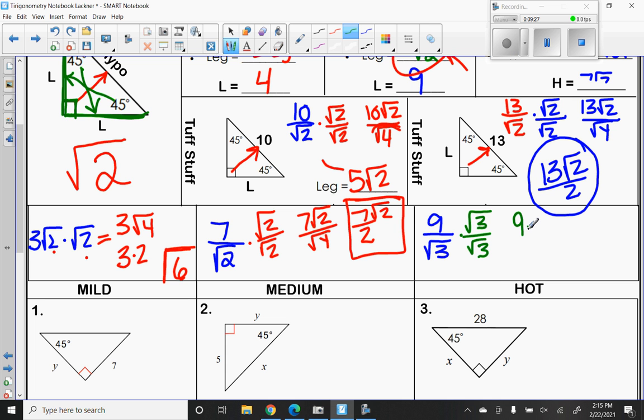So I'll say 9 radical 3 over square root of 9. That is a perfect square. It becomes 3. The square root of 9 is 3. These can reduce. 9 divided by 3 is 3. Final answer, 3 radical 3.